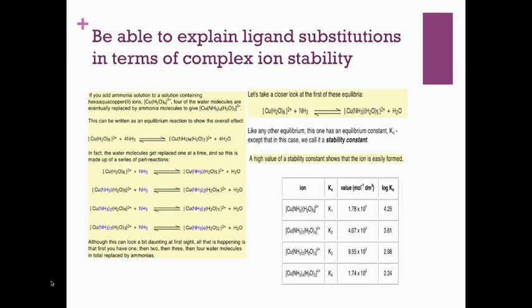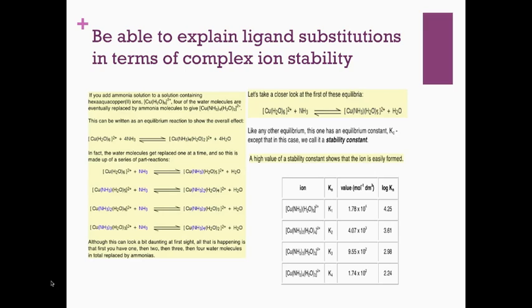Now, if you look at the left, you can have replacements that happen one at a time. You see those four equations grouped together. Those four equations are reproduced with their stability constants in the table in the bottom right. What you see is nothing more than 1, then 2, then 3, then 4 water molecules being replaced by ammonia.